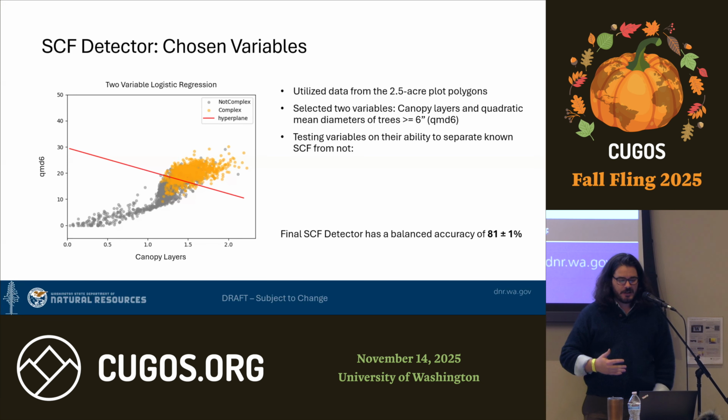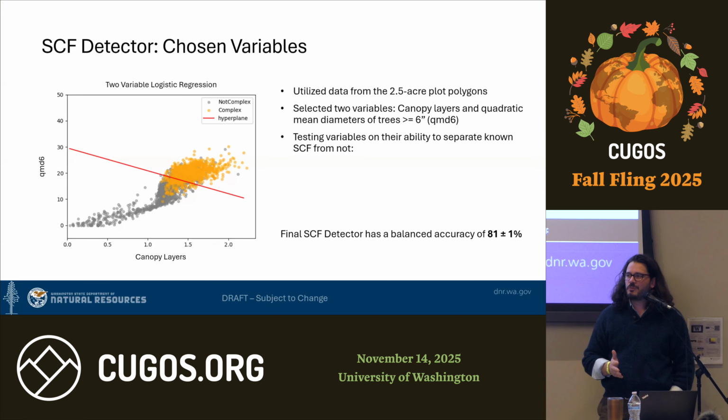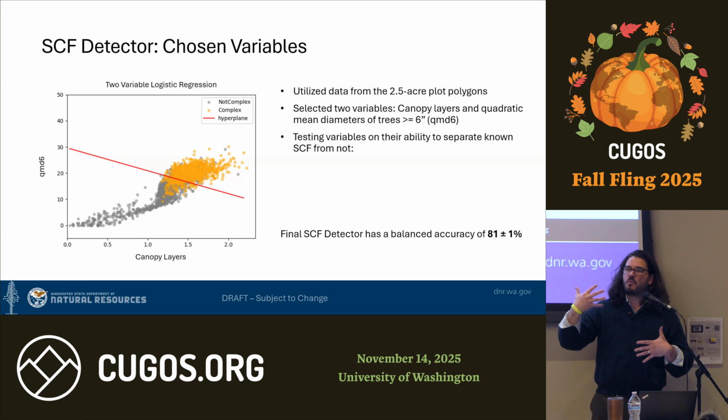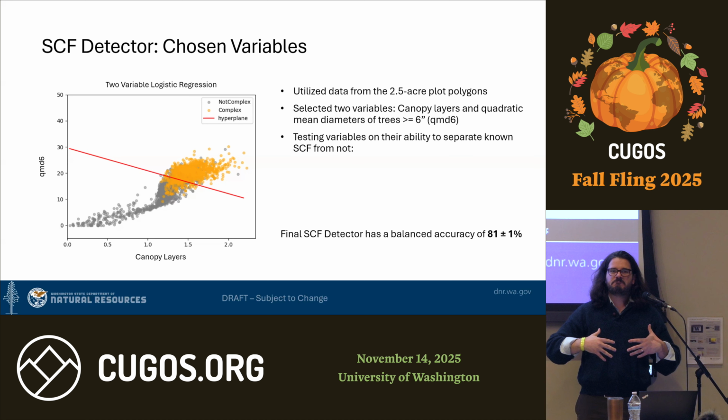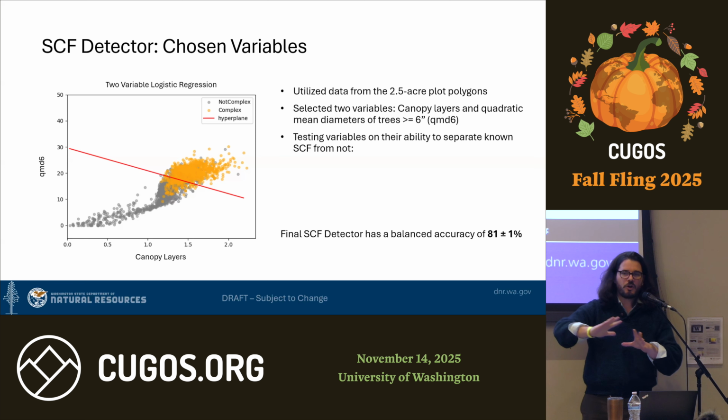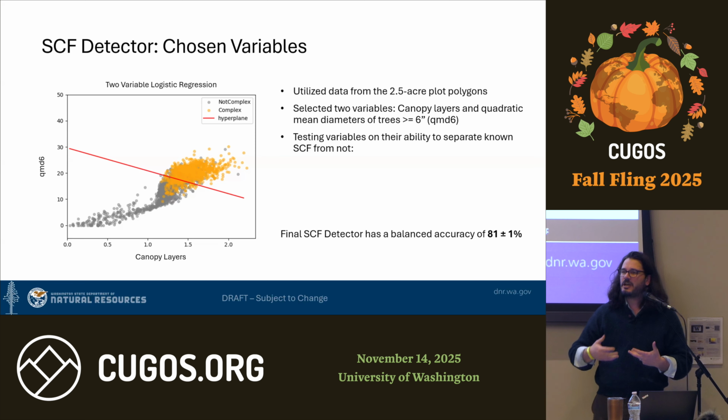The nice thing is, there are more complicated ways that you can do this, and it's almost tempting to get a better answer. The reason that we didn't do that is, there was this ask to do this project to quantify on our land base the amount of structurally complex forest.